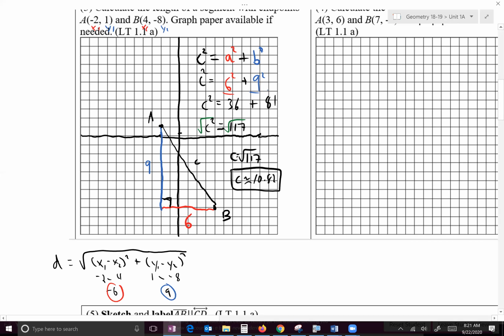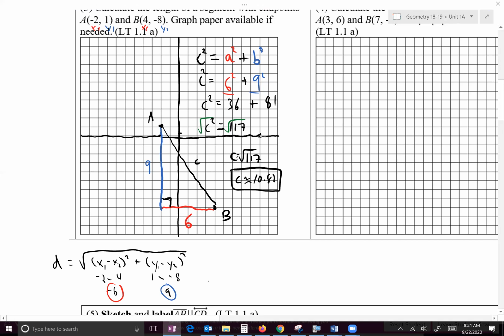So there's a lot of places where you can mess up if you're not good with your positive and negatives. So I suggest using Pythagorean theorem more than distance formula. Okay, so if you are good with that, it'll come out the same answer.